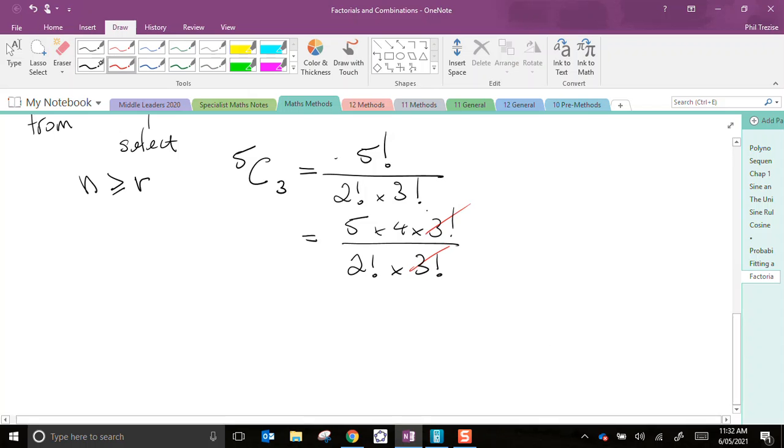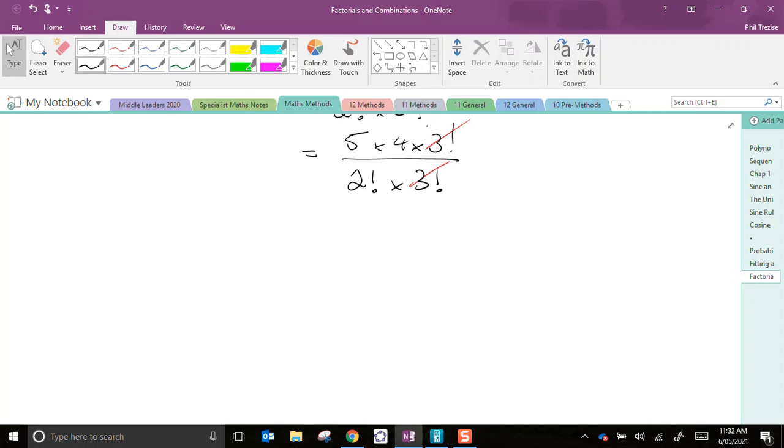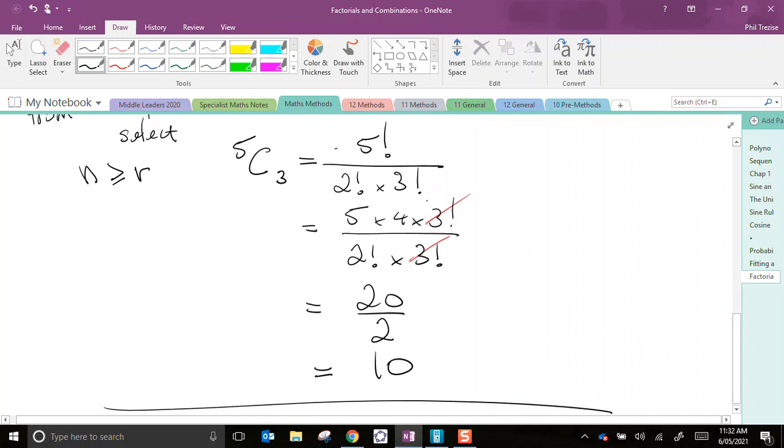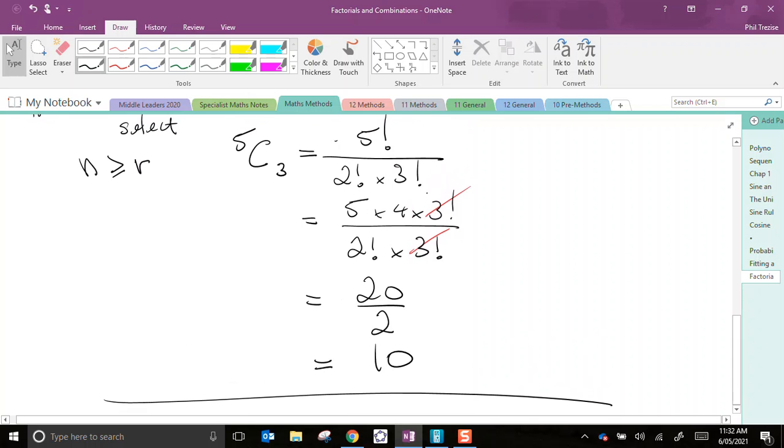Brilliant. Well, I shouldn't have really called myself brilliant. I didn't invent that. I was taught that by my teacher. So thank you to Mr. Strutton from high school who taught me that. So 5 times 4, of course, is 20. As we know, 2 factorial is 2 times 1, or 2, which means there are 10 different ways of choosing 3 objects from a group of 5 objects.